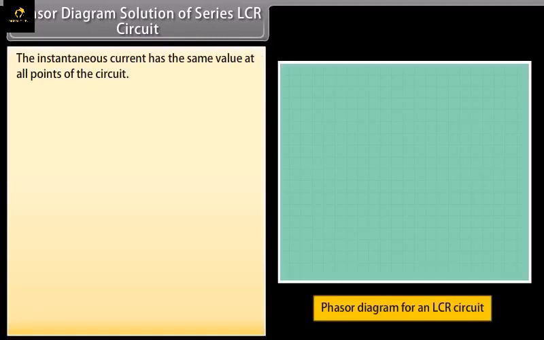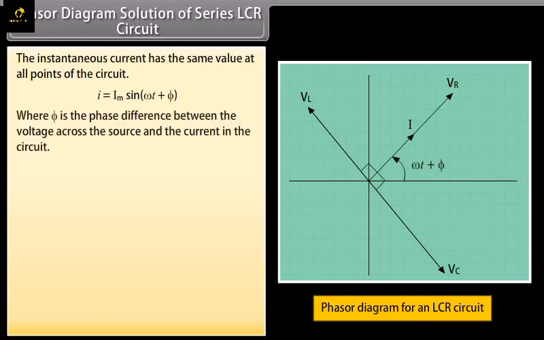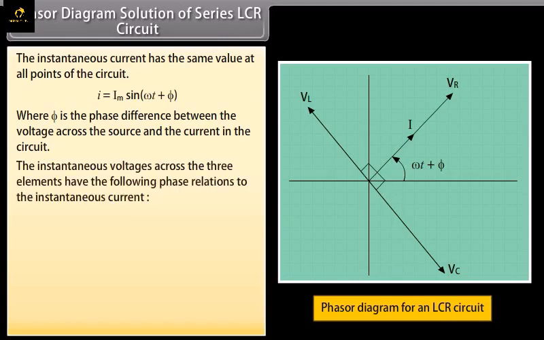Phasor diagram solution of series LCR circuit. The instantaneous current has the same value at all points of the circuit. I is equal to Im sin omega t plus phi, where phi is the phase difference between the voltage across the source and the current in the circuit. The instantaneous voltages across the three elements have the following phase relations to the instantaneous current.